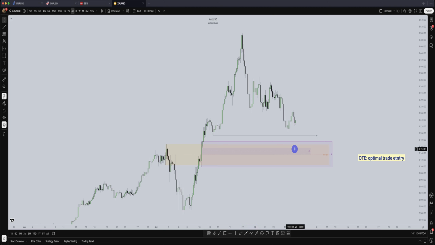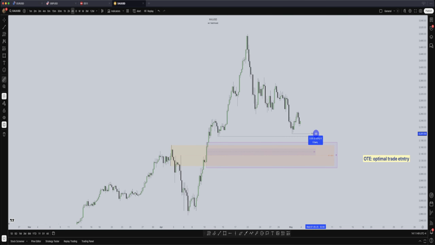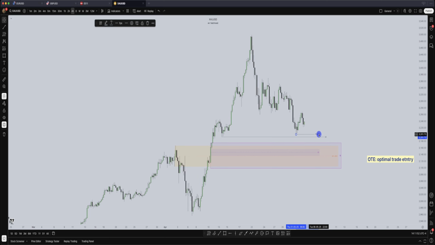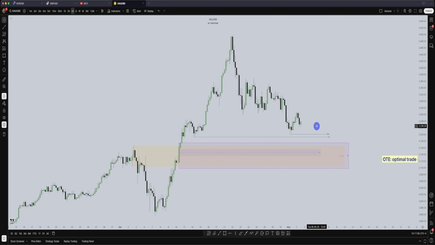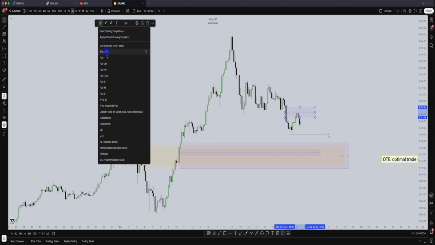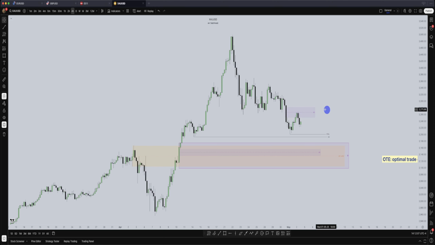These relative equal lows, and we have this level, which is the previous week low, also to have in mind. Okay, very important level, right? So also very important to have in mind this fair value gap, 4-hour fair value gap.